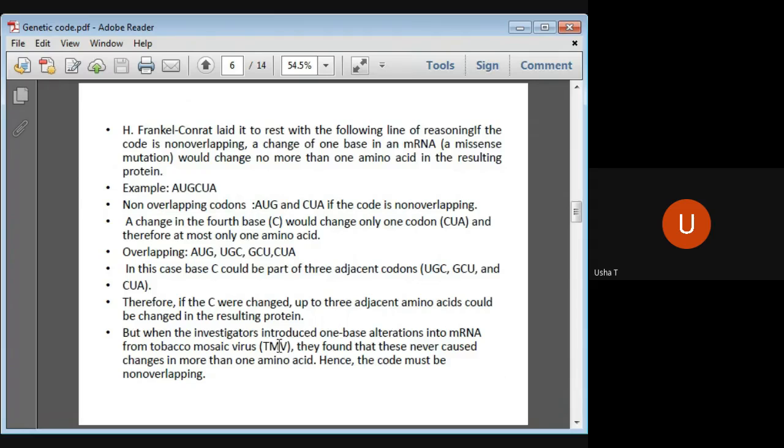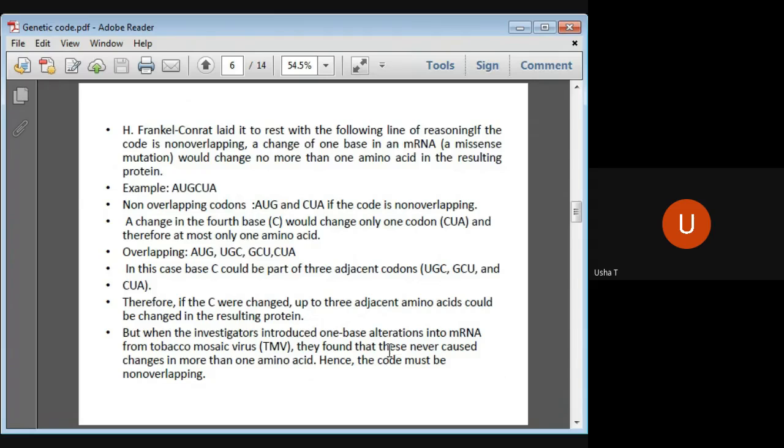But when the investigators introduced one-base alterations into mRNA, they introduced them into mRNA from tobacco mosaic virus, and they found these never caused changes in more than one amino acid. So when they had a set of six bases and one base was changed, they saw only one amino acid changed.